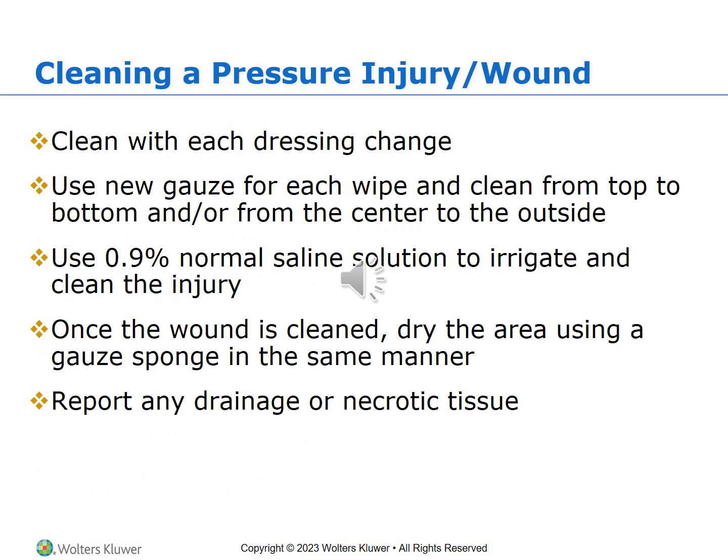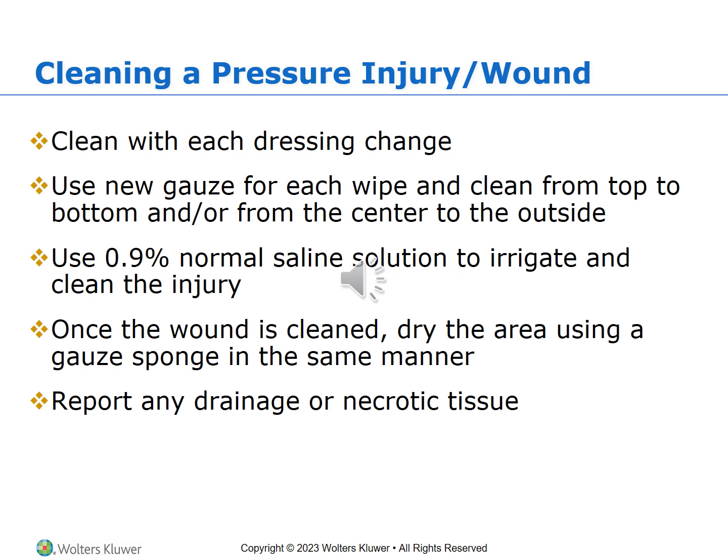Cleansing the wound, pressure wound or injury. So cleanse with each dressing change. Use new gauze for each wipe and cleanse from top to bottom or from the center to the outside. I recommend going from center to outside and using a separate gauze for any intact skin versus the skin that is not intact.